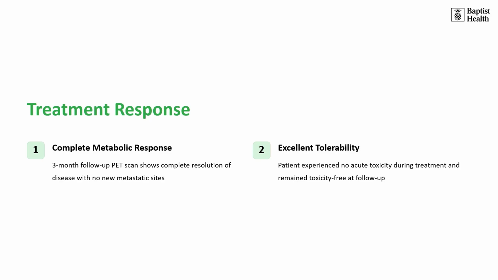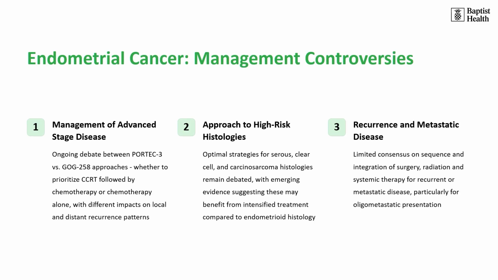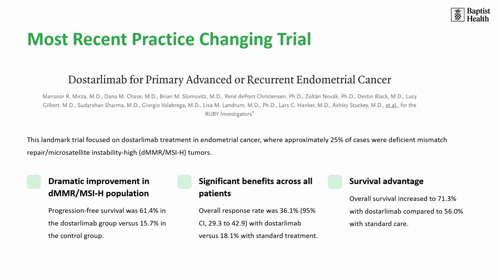In terms of these controversies, as I mentioned, the treatment of advanced stages is somewhat controversial. There are a few different ways that you can perceive these cancers. Certain histologies are more aggressive, and we wonder, can we do more? And in the recurrent or metastatic setting, the consensus on how to manage these can become complicated as well.